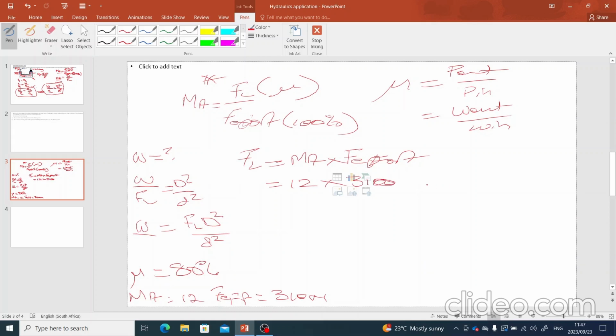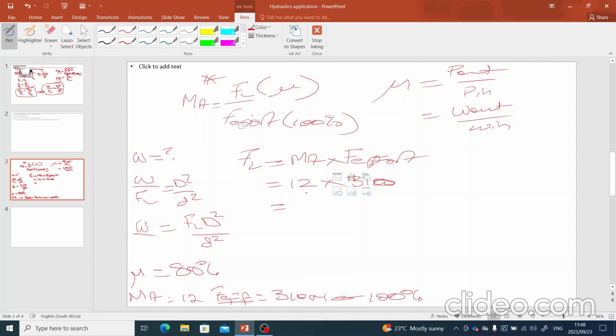But please make note, this F effort is at 100%. Since we assume the F effort to be at 100%, it means the FL will be calculated from the 100% that the F effort is. It means the answer that you will get here is at 100%.